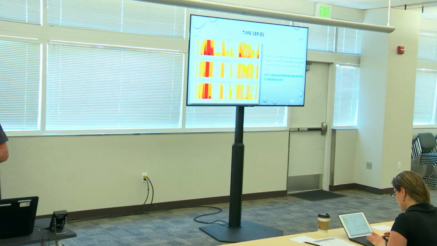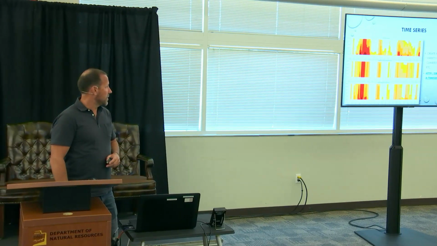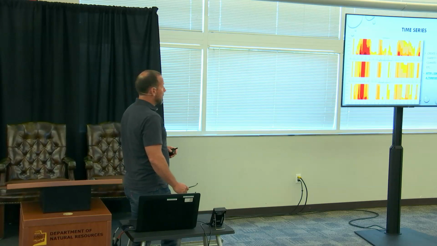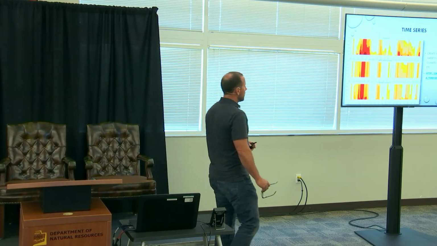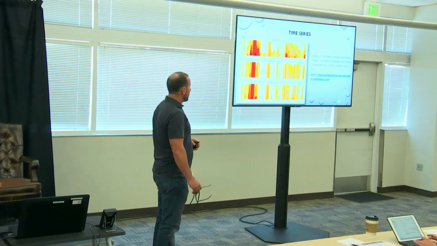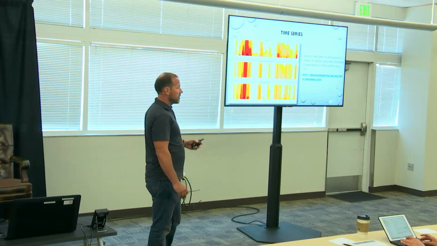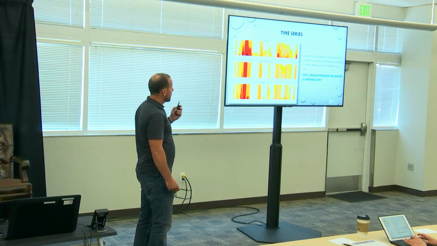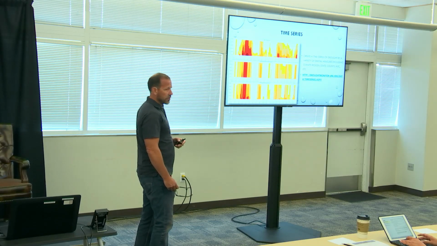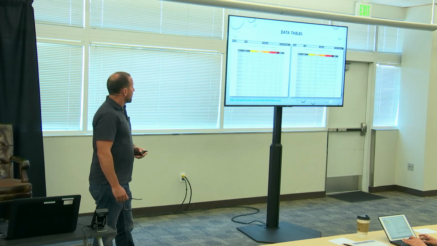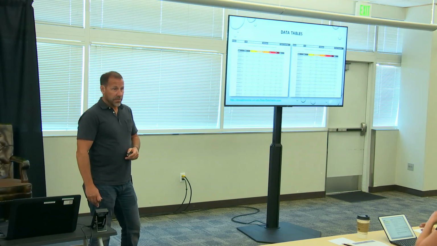So we've seen a couple of the people giving presentations that have used these. The nice thing about the time series, you can do the time series in a variety of different spatial measures. So you can do it by climate divisions, you can do it by state, county, hydrologic units, etc. You can also pull the data tables for the individual week.